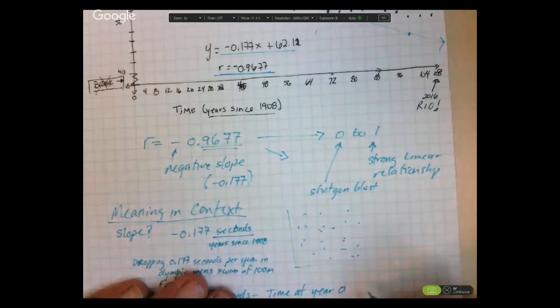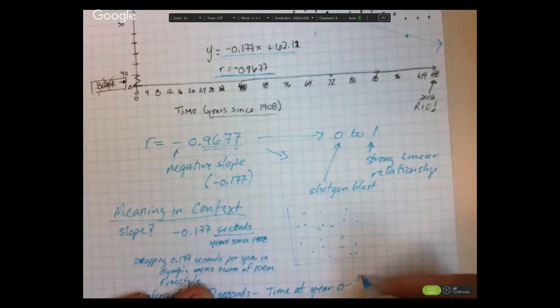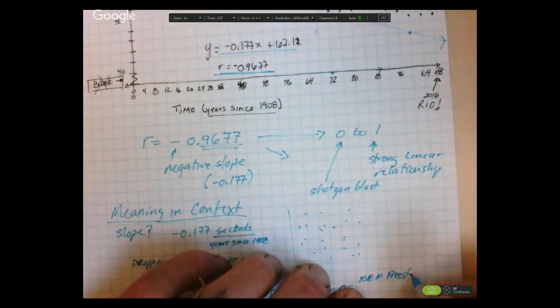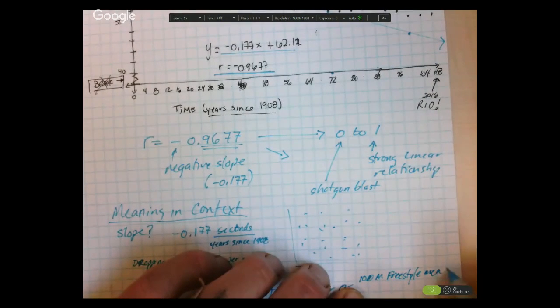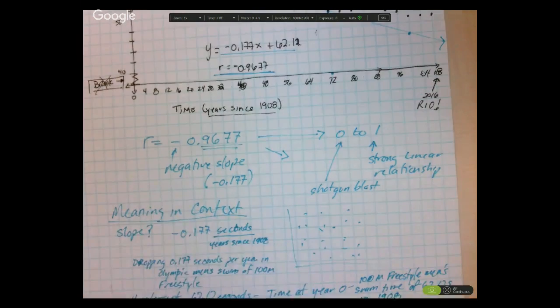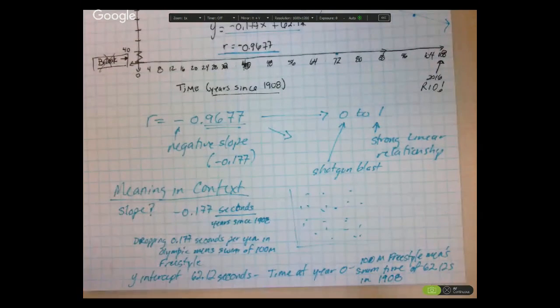What does that mean? This was the 100-meter freestyle men's swim time of 62.12 seconds in 1908. Make sure you write sentences. Okay? Sentences. I will be scoring you on writing sentences.